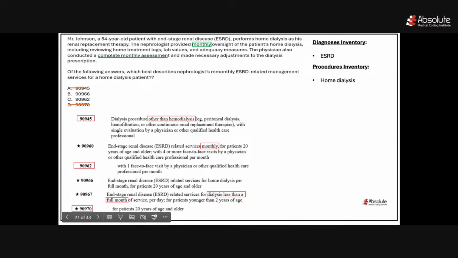Again, this is also incorrect because we have a specific code for home dialysis service, and that is option B, which is 90966, end stage renal disease related service for home dialysis per full month for patients 20 years of age and older. Yes, so option B is the correct answer.